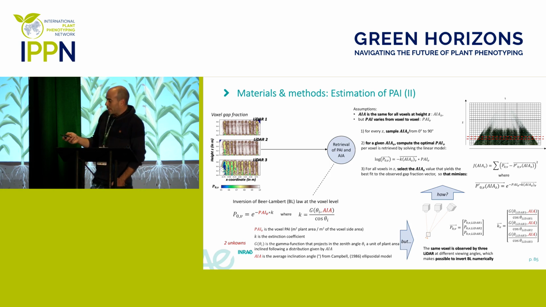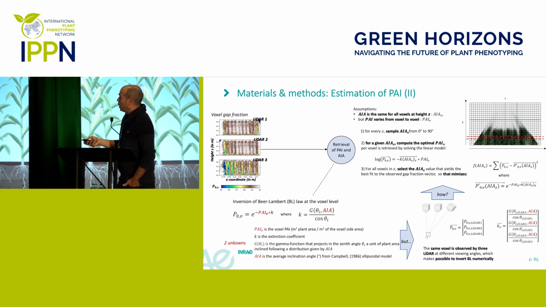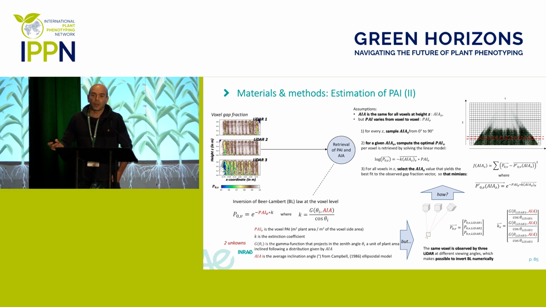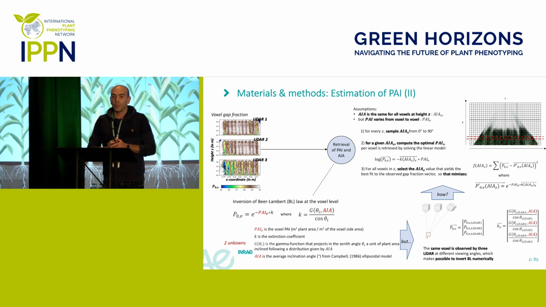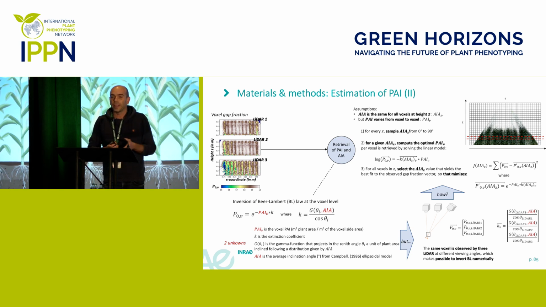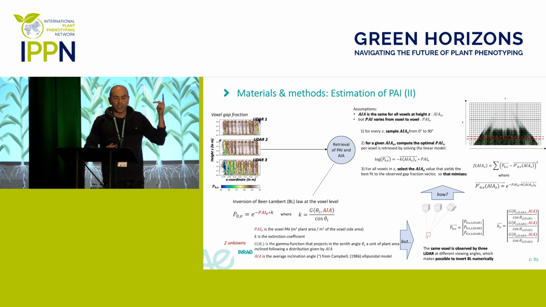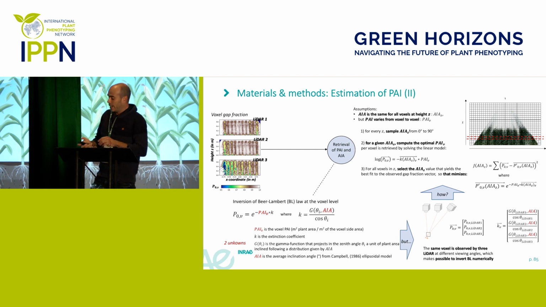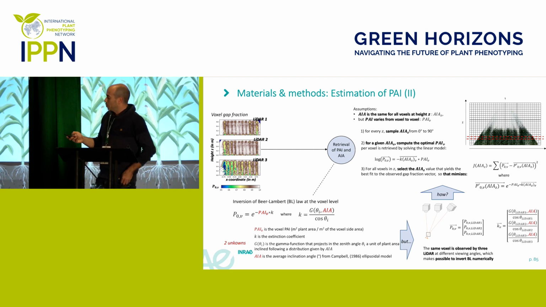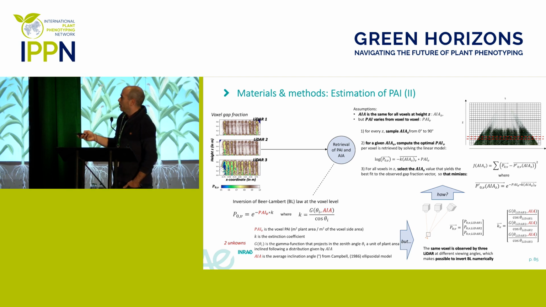Then, from this gap fraction, we calculate the plant area index based on the Beer-Lambert law. The Beer-Lambert law is a physical optical model that is used in many instruments that we use in the field to determine leaf area index and plant area index from optical measurements, such as ceptometers, digital hemispherical photographs, and LI-2000; they rely on the Beer-Lambert law to estimate leaf area index.